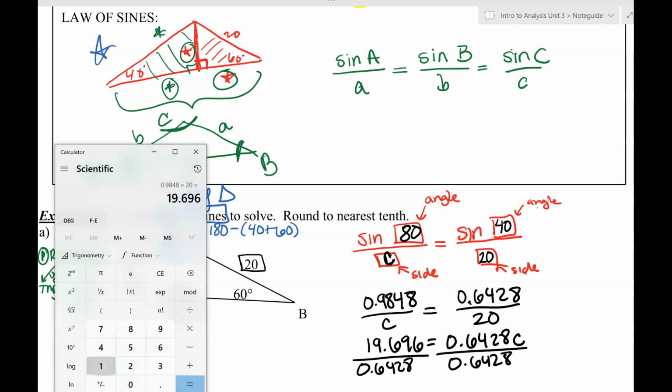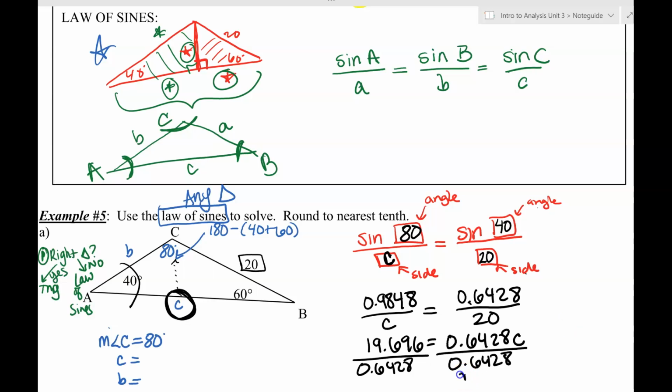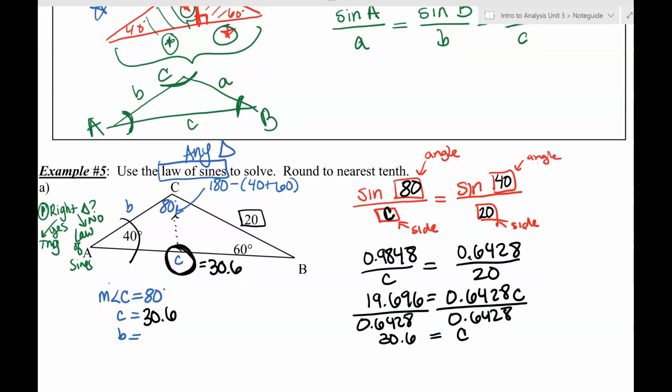So my answer is going to be what I get when I take 19.696 and divide it by 0.6428, which gives me 30.6. And that has found this side length C for me. It seems pretty good because it should be longer than the other side because it's across from the largest angle. And so that works pretty well.